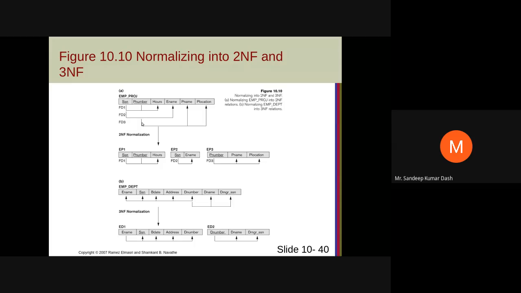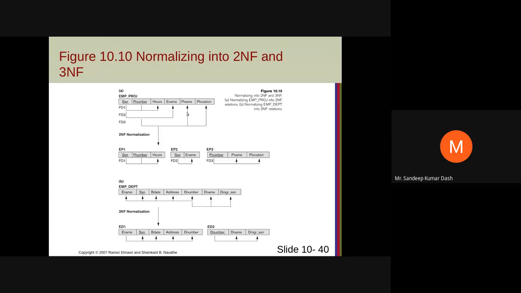So FD3 is also not allowed because this is also partial functional dependency. When a relation is given with the functional dependency set, you draw a figure like this and draw the arrows. This is the full functional dependency, and these are the two partial functional dependencies.